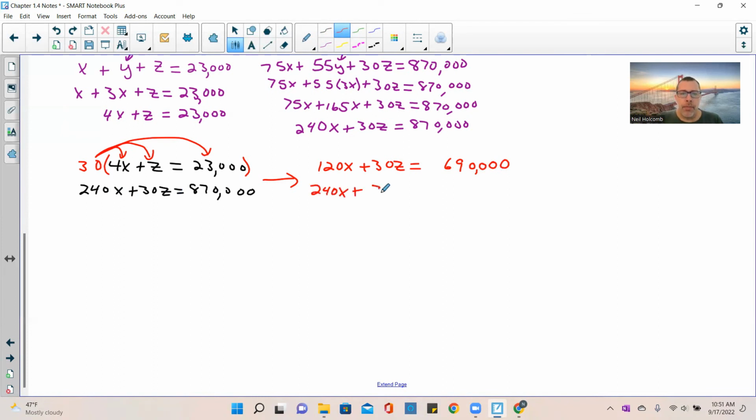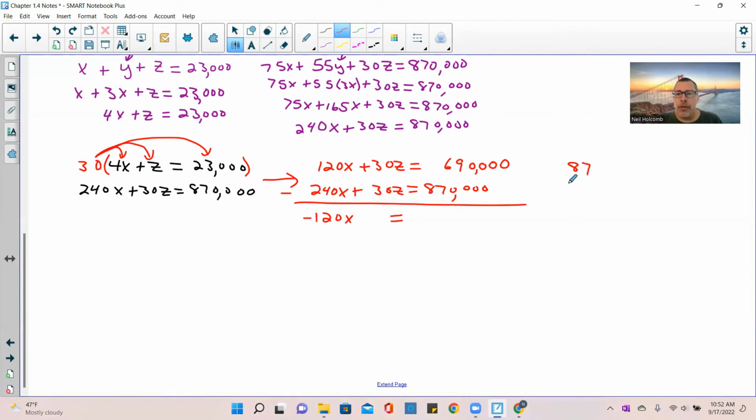240x plus 30z equals 870,000. Let me rewrite that. Messy. 870,000. So these are the same now, so I'm going to subtract. 120x minus 240x is negative 120x. 30 minus 30 is 0. 690,000 minus 870,000.